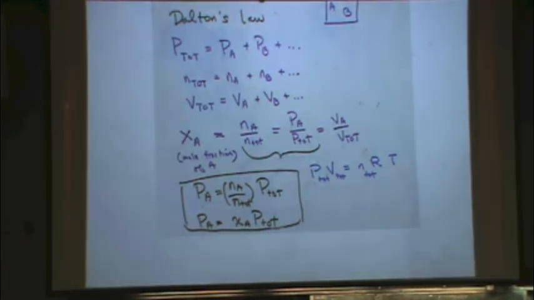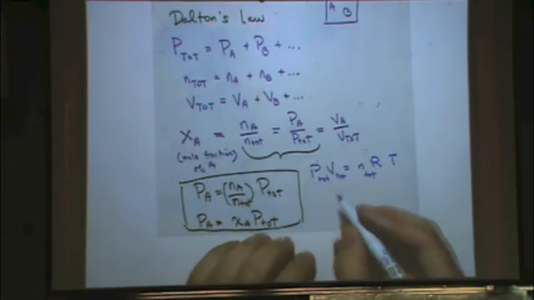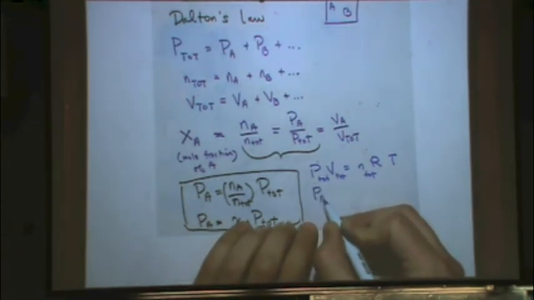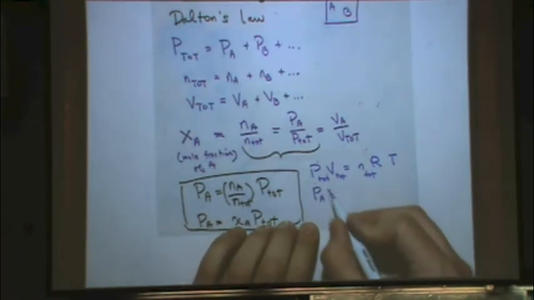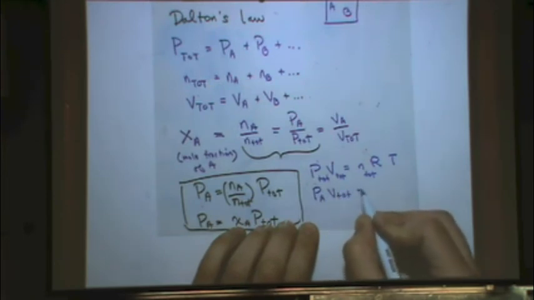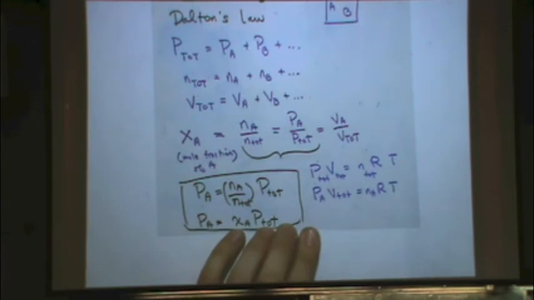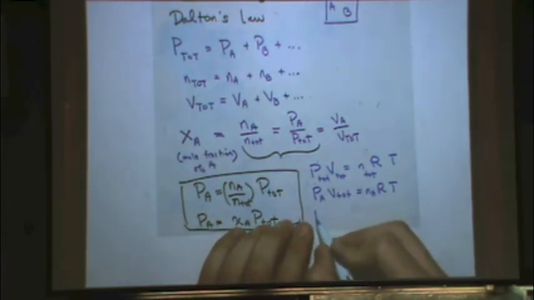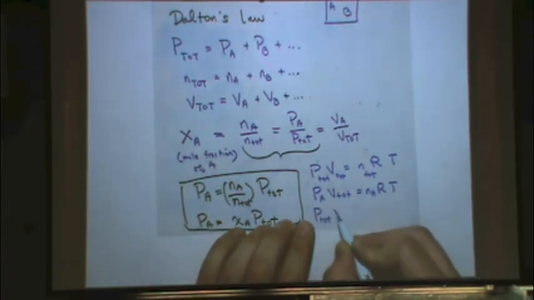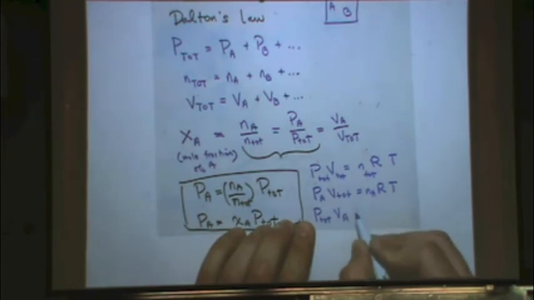But, and we're not going to go through any of these derivations, you could also say this: P_A, the partial pressure of A, times V total, equals the moles of A times RT, or, to flip it around a little, P total times V_A equals n_A RT.